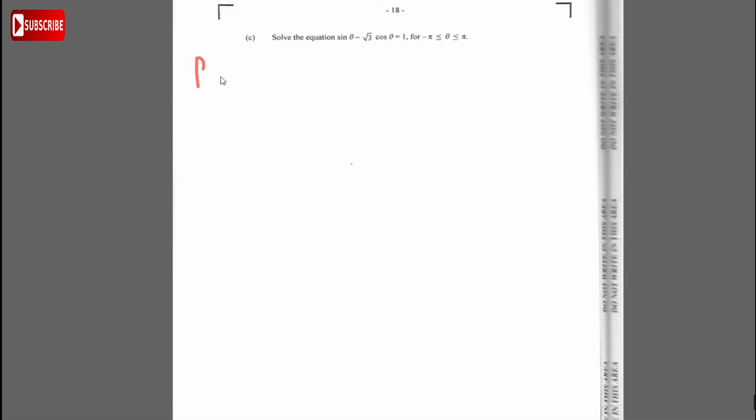In the r cos form, r would be equal to 1 squared plus root 3 squared, which is just 3, all square rooted. It just feels easier for me. Of course, you may have solved it differently. So r is 2. Then I find my alpha.